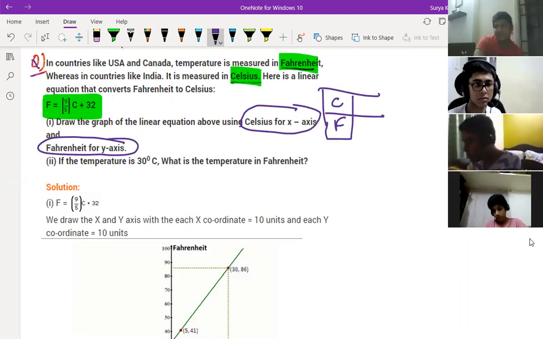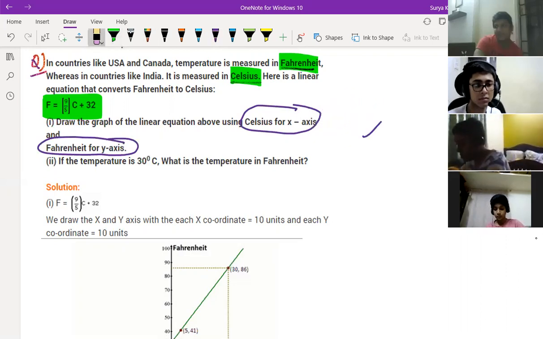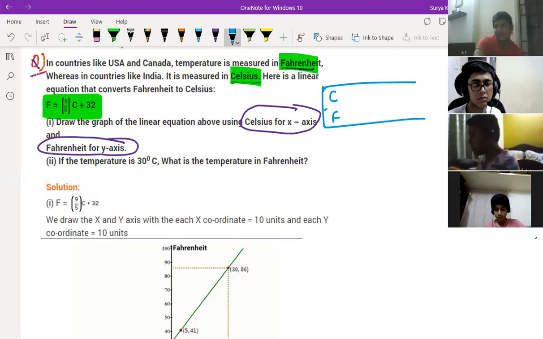If Celsius is 0, then what will be Fahrenheit? Like that, you can make the data. Yes, sir, understood. So just make one line like this. You write Celsius here and Fahrenheit here. So put the values as per your convenience, and you can get the answer. Understood, children? How to do this?